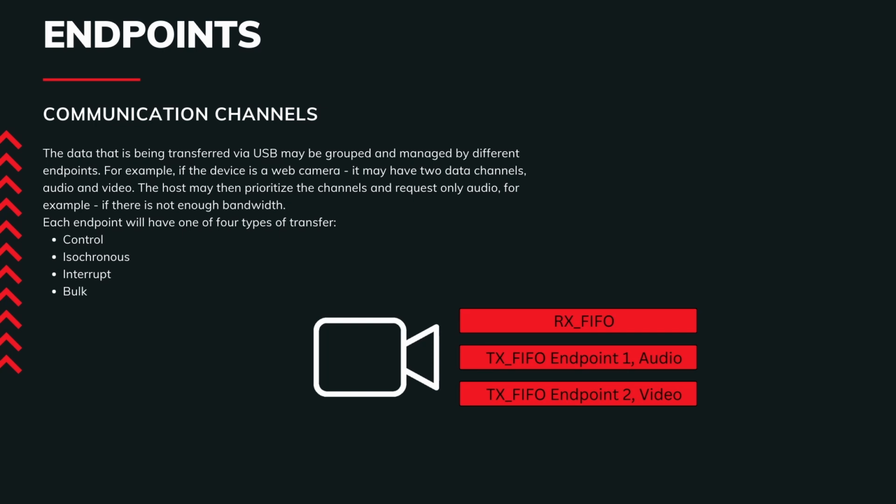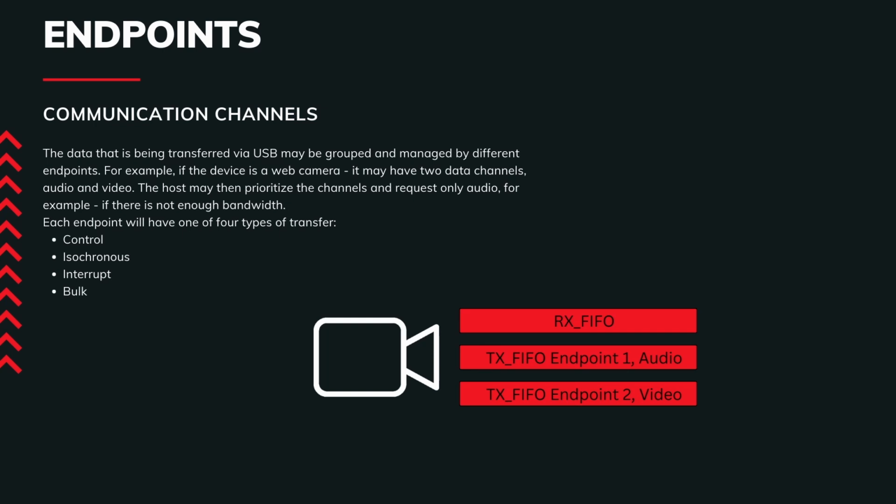Depending on whether it is a lot of data like video or files, or a little data like for a USB mouse only to transmit coordinates of a pointer, or if occasional mistakes in the data are tolerable, an endpoint can be assigned one of four types: control, isochronous, interrupt, or bulk.